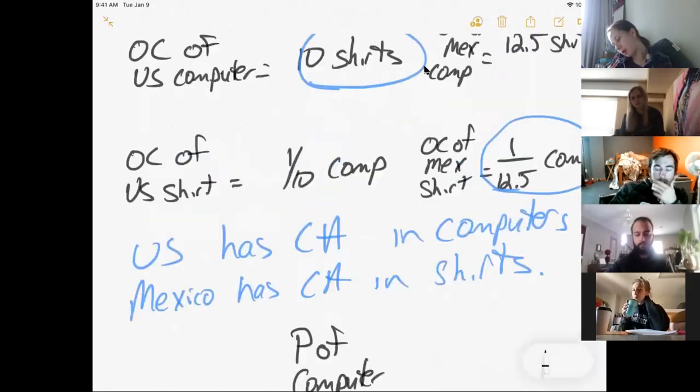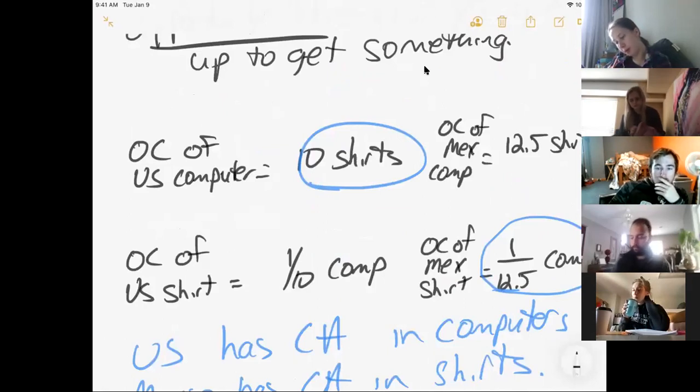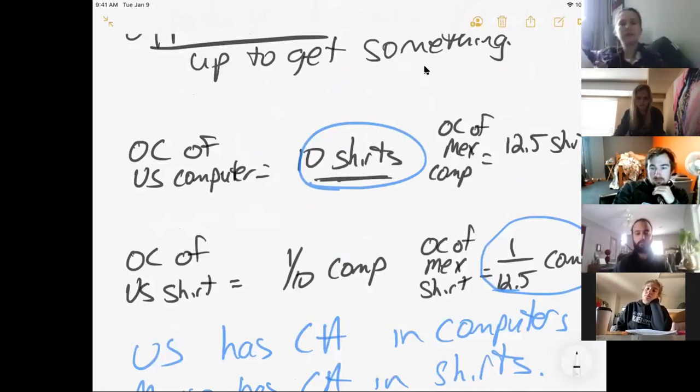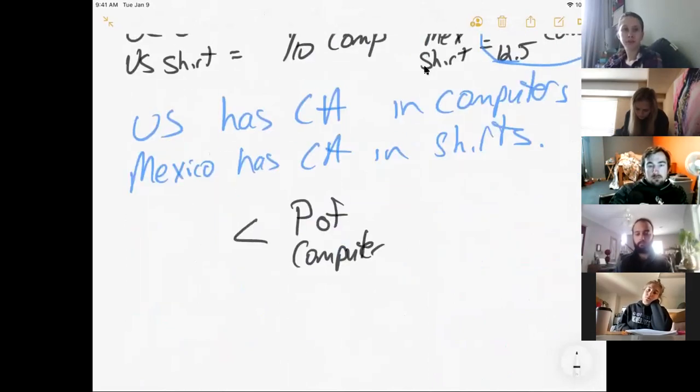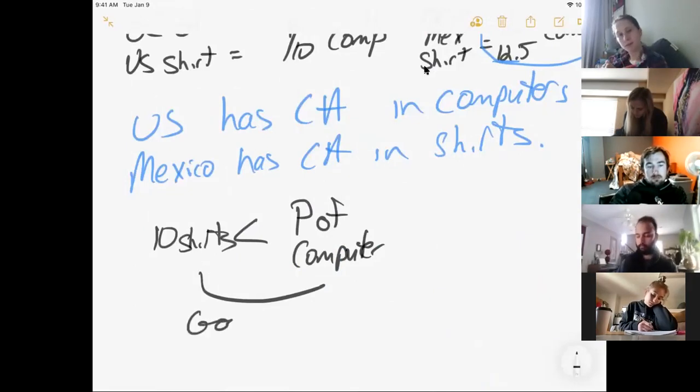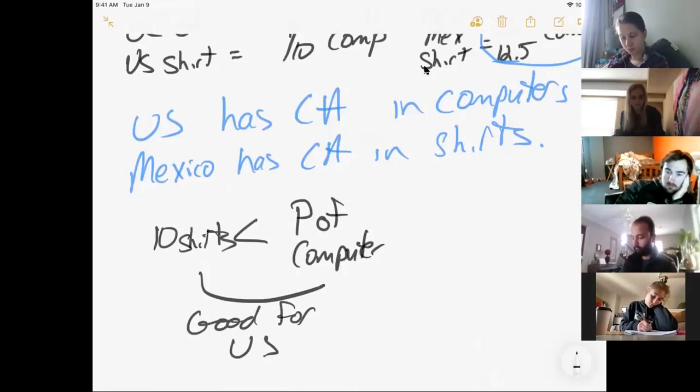Well, we know from our example that the US is going to make computers, and it costs them 10 shirts to make a computer. So what price would be good for the US to trade computers? Any price above 10 shirts would be a good trade for the US.